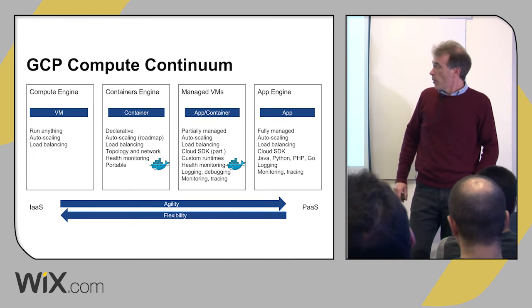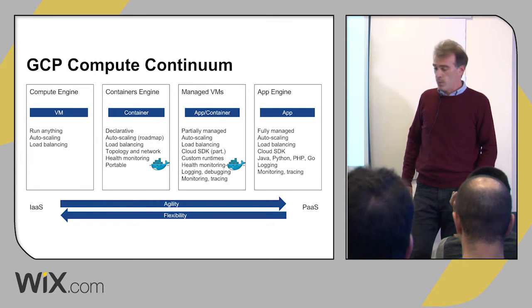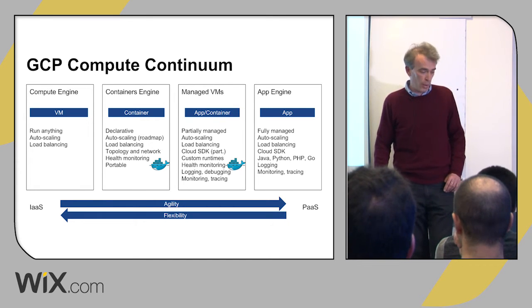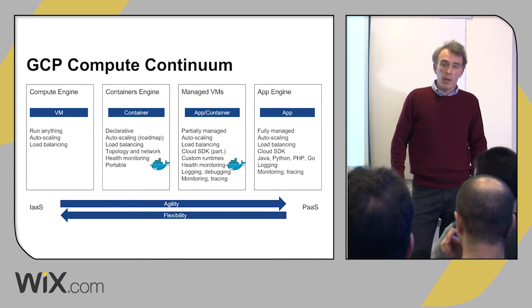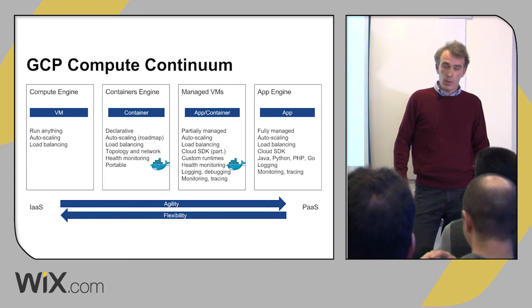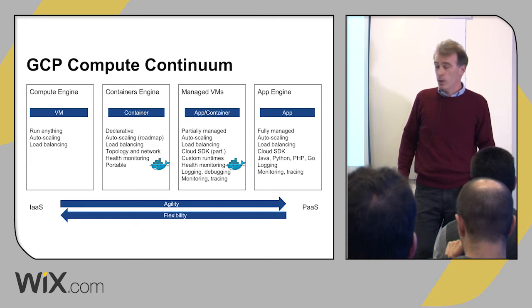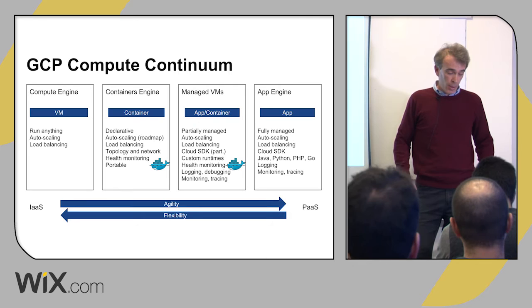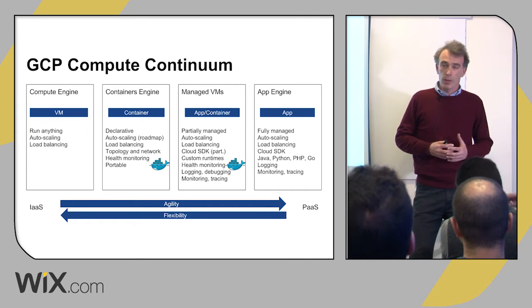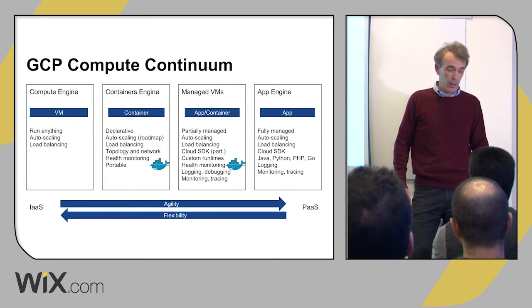Good news from last year, we have two new technologies. One of them is Container Engine, and the second one is Managed VMs. Both of them are based on containers, specifically they use Docker, and we will talk about Docker in a big part of the presentation today. There is a big overlap between these technologies, and it looks like both of them will converge into one product in the future.